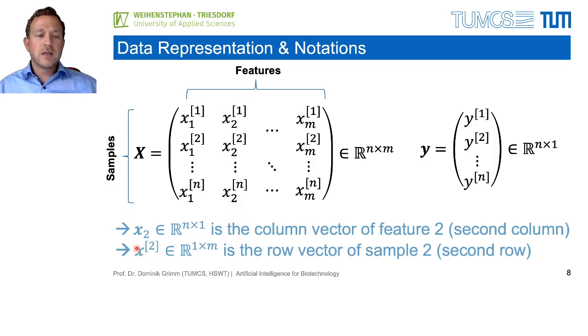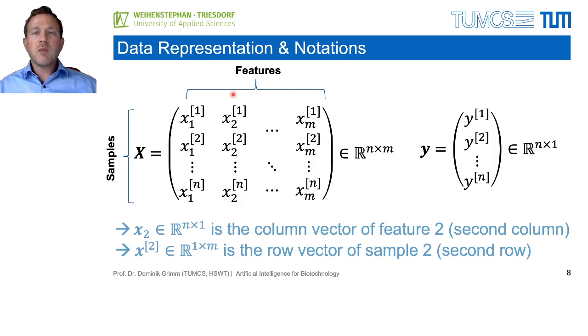And if we write lowercase bold letter x superscript 2, then we refer to the second sample. So that's then this sample here with all the features. So here we have the row vector, and that's the column vector down here.